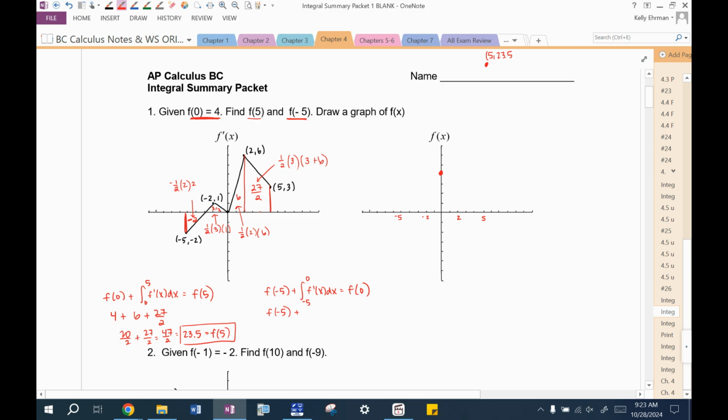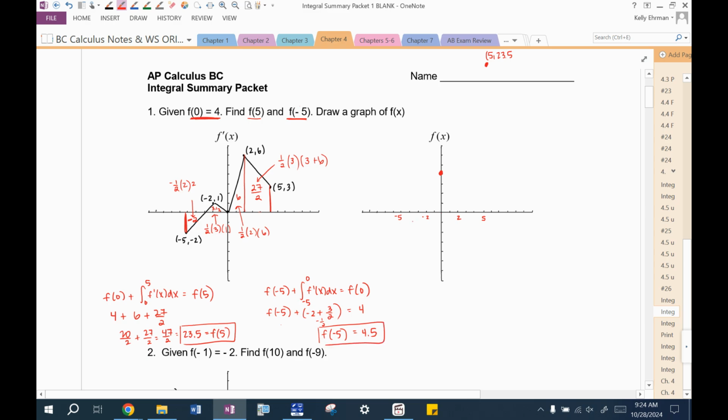So from negative 5 to 0 is negative 2 plus 3 over 2, negative 2 plus 1.5, and that equals f of 0, which is 4. So f of negative 5, this is really just minus 1/2, right? So if I add 1/2 over here, I get f of negative 5 is equal to 4.5.